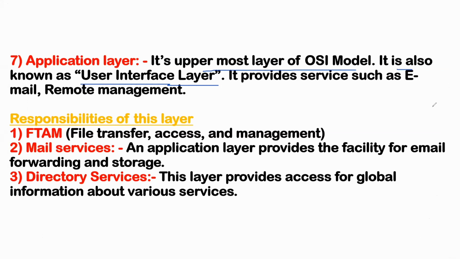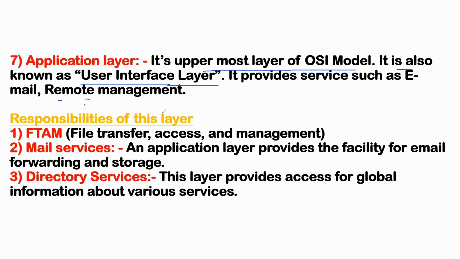It provides services such as email and remote management, whichever type of application you use. Suppose I use an SSH related application for remote access, a telnet related application, or a mail related application.